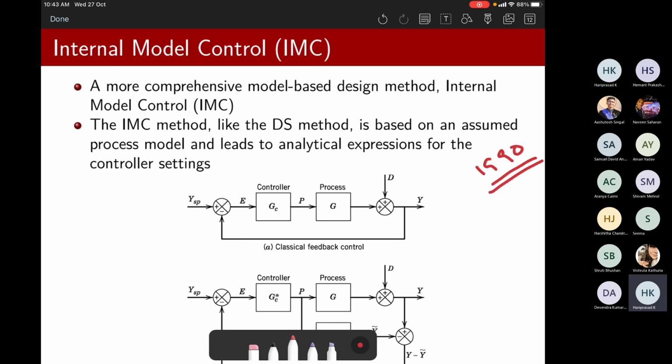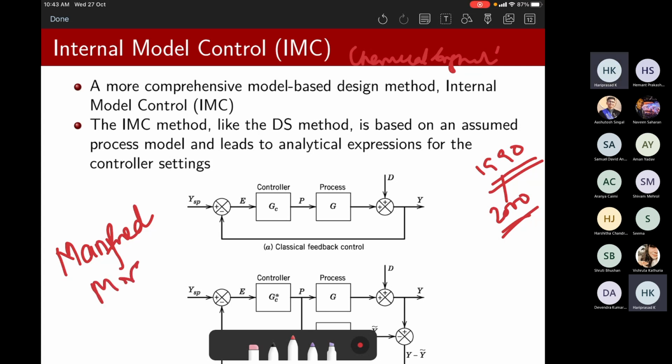In the 90s to 2000 is where this IMC method was developed by Manfred Morari, a faculty member, interestingly a chemical engineer. He is a very, very highly cited researcher in control.